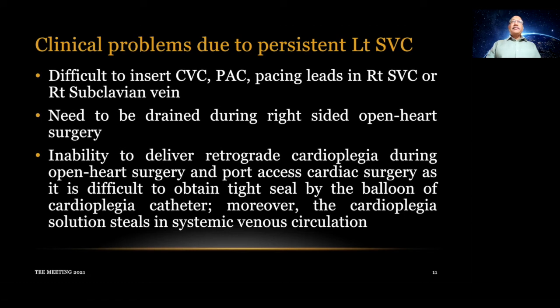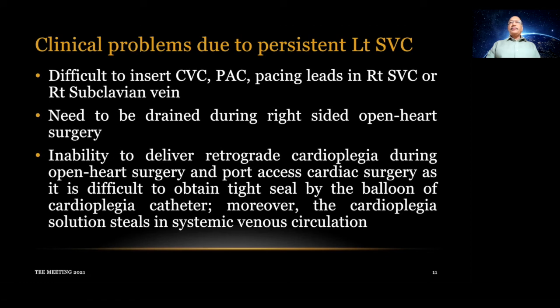And therefore it is difficult to insert a central venous catheter or a PA catheter or to insert pacing leads through the right internal jugular vein or right subclavian vein. So from the anesthesia point of view, it is difficult to insert CVC and PAC in the presence of left SVC.